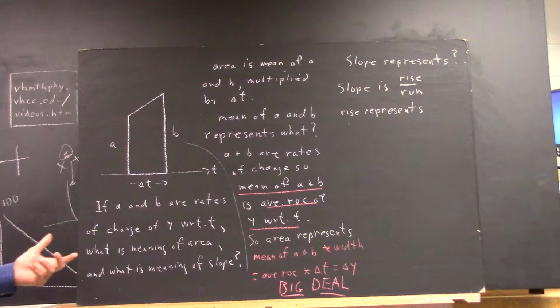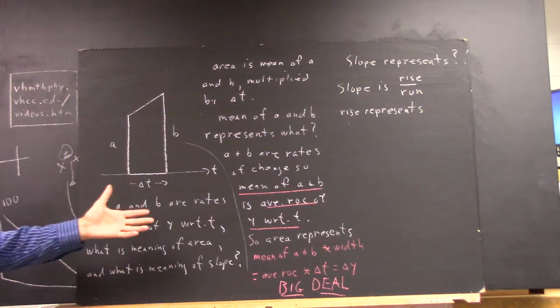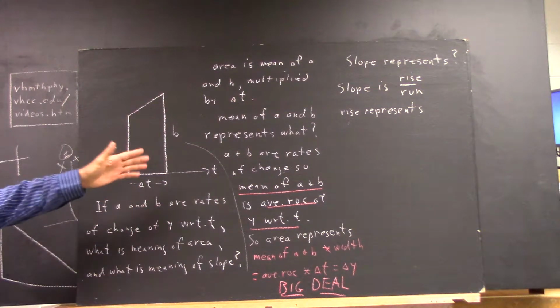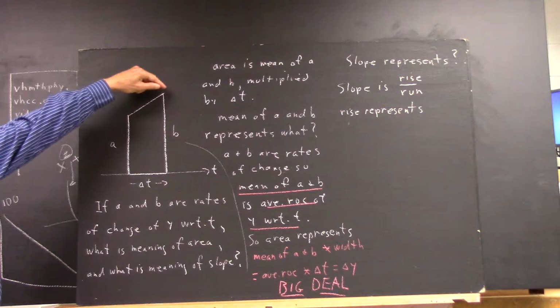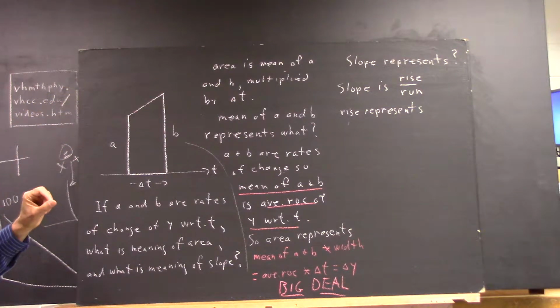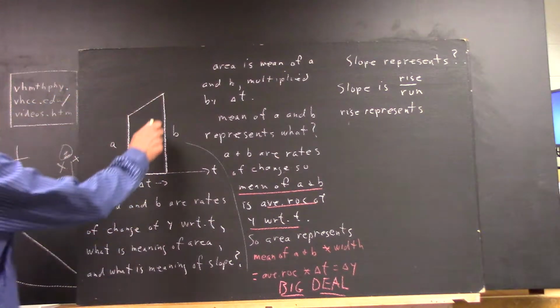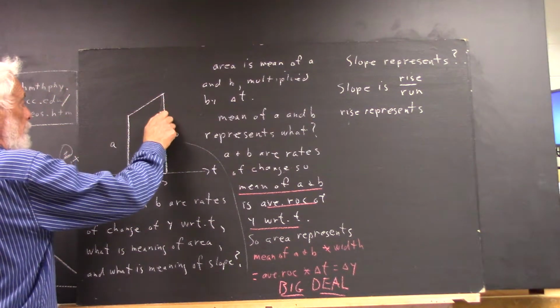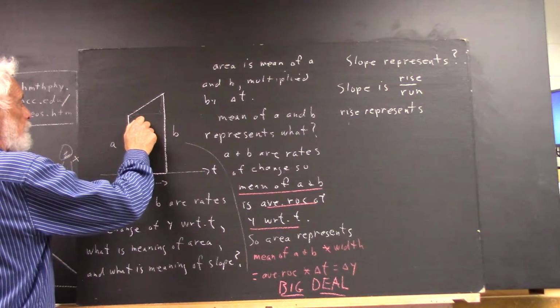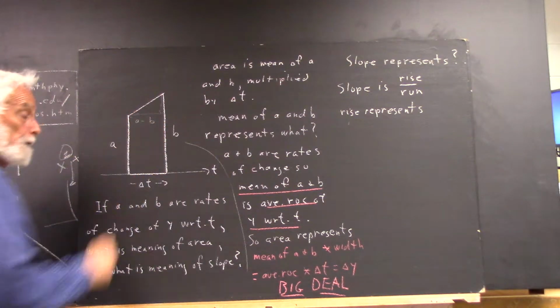And for this trapezoid, what's the rise from this point to this point? It would be A minus B. You could say A minus B, because if you go from here to here along a fundamental triangle, you would go down, and this displacement is A minus B.